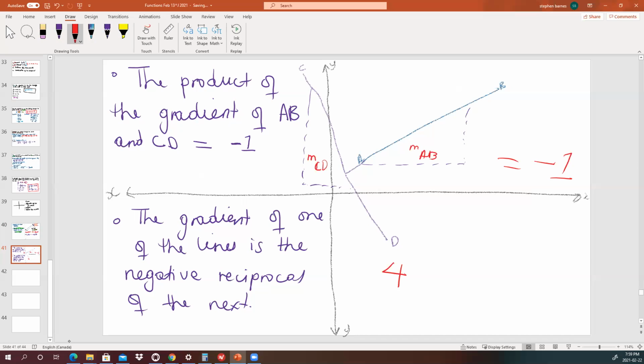For a whole number, just inverting a whole number sitting by itself probably seems odd. But remember, you can express a whole number as a fraction by putting it over 1. So if 4/1, and this is just an arbitrary gradient now, is the gradient of CD, then the gradient of AB should be the negative reciprocal.